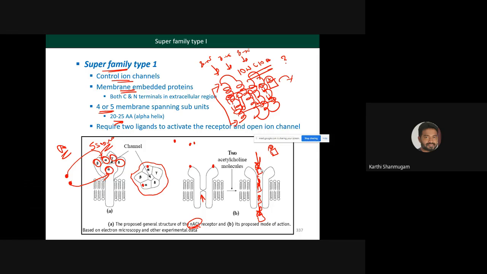So what is the main job of superfamily type 1? What's the main function of superfamily type 1? They act as ion channels. Okay, superfamily type 1 is ion channels.